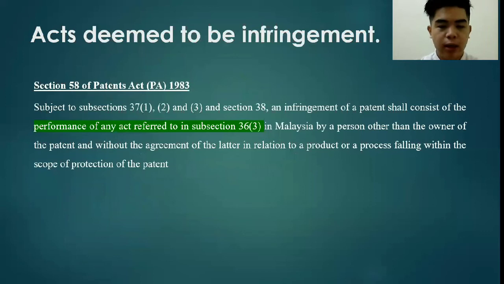The infringement of patent has been described under Section 58 of Patent Act 1983, which is subject to Section 37, subsections 1, 2, and 3, and Section 38, which states that an infringement of patent shall consist of the performance of any act referring to Section 36(3) of the Patent Act by a person other than the owner of the patent and without the agreement of the latter in relation to a product or process falling within the scope of protection of the patents.